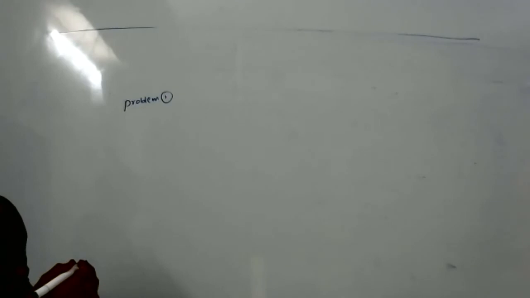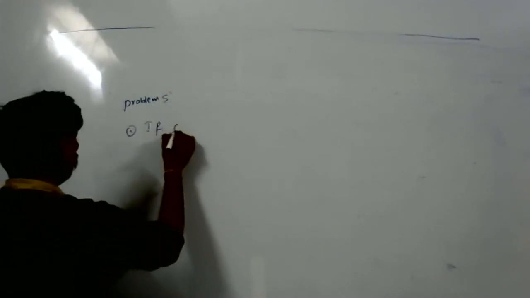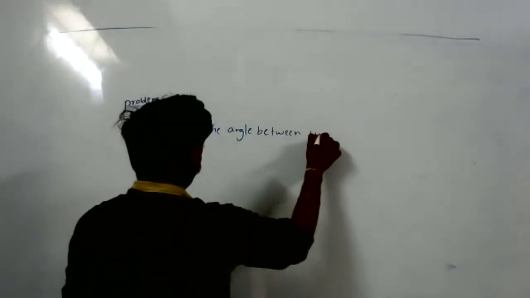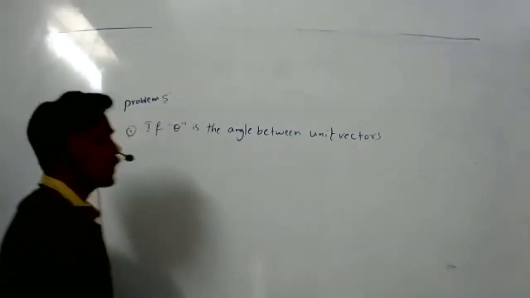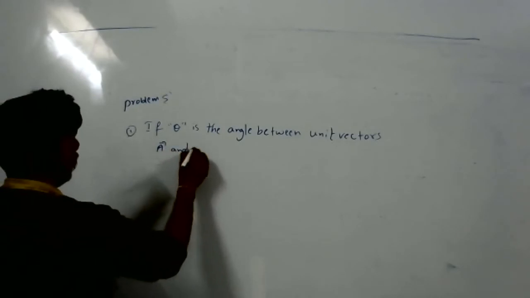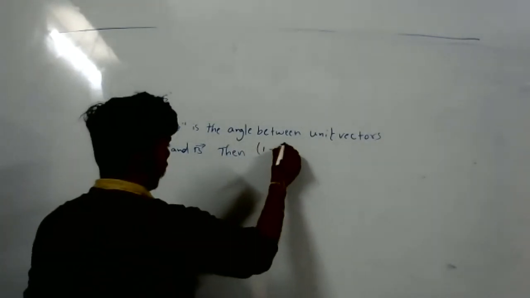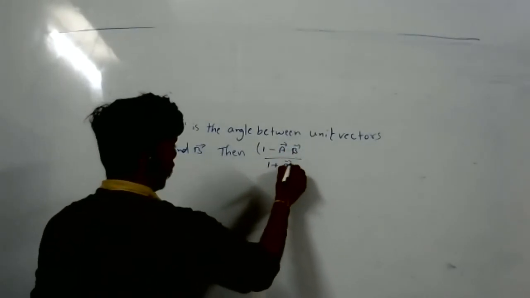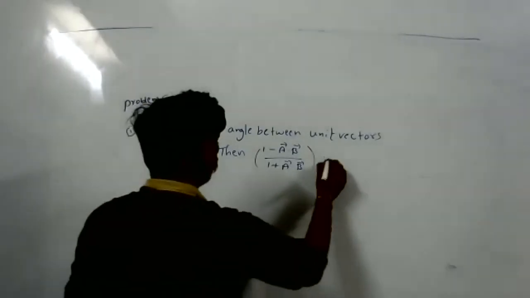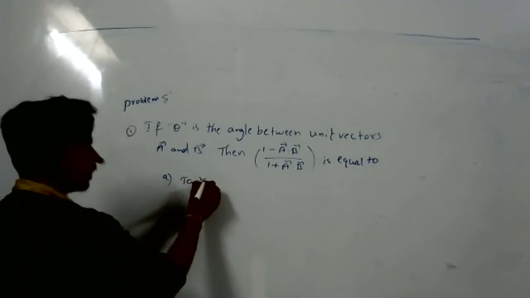Try the first problem. If theta is the angle between the unit vectors A bar and B bar, then 1 minus A bar dot B bar by 1 plus A bar dot B bar is equal to option A, tan square theta by 2.